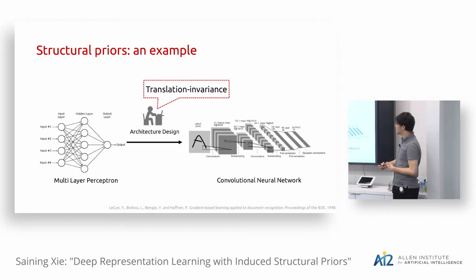By having this structural prior, we can learn, for example, to recognize images much more effectively. Most importantly, this translation invariance prior can be generalized to different domains as well. That's why convolutional neural networks have been applied to different tasks, including natural language processing tasks.